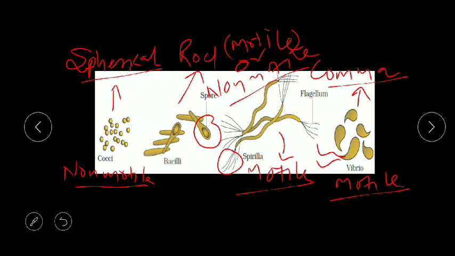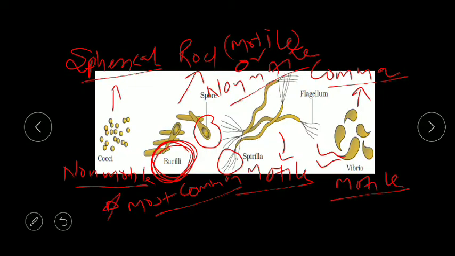Now if we want to talk about which is the most common shape out of these four shapes, remember that bacillus is the most common shape of bacteria, and it is a star mark question. It was asked earlier so many times, so please remember this.